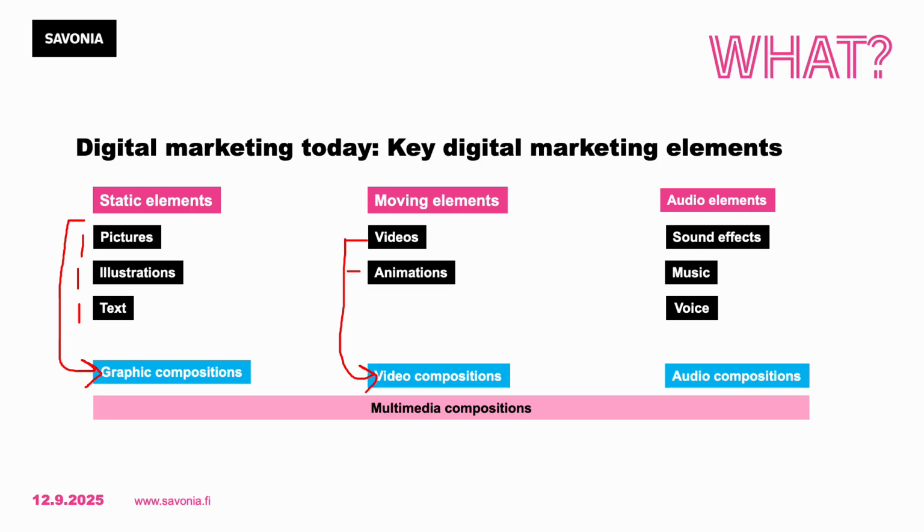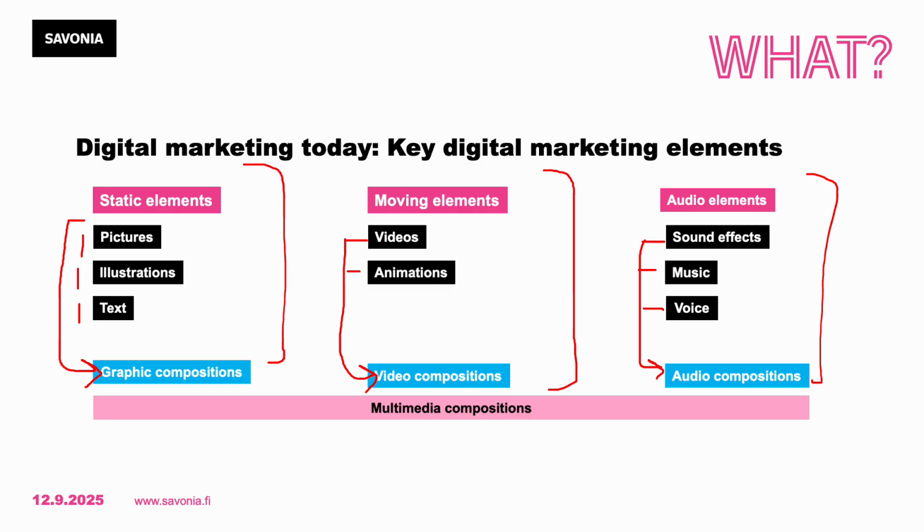If you are working with audio elements, you could have, for example, a sound effect, music, and some voiceovers. And when you put all these together, you would be talking about an audio composition. This can be done on their own sections, so moving elements, audio elements, and static elements.